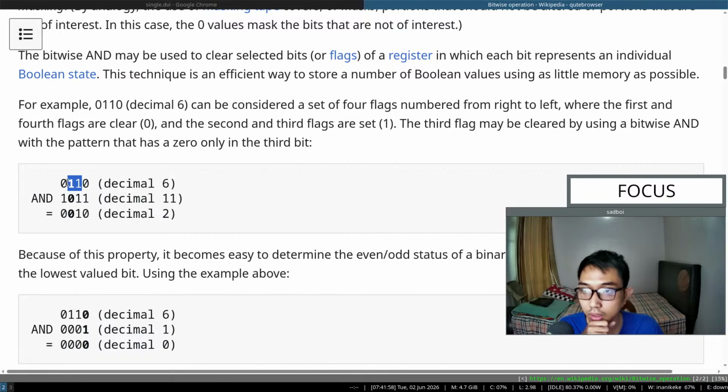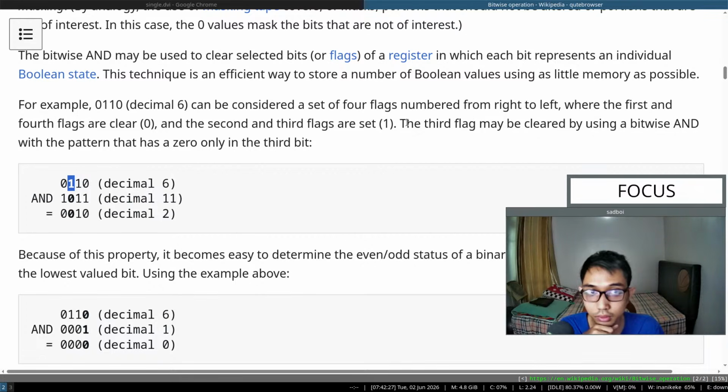Oh, this one. The first and fourth flag are clear from this bit or binary digit, and then second and third. Second is this one, and third is this one.